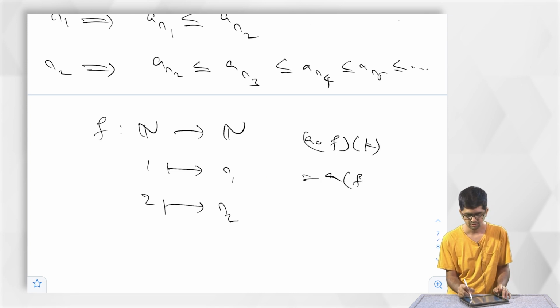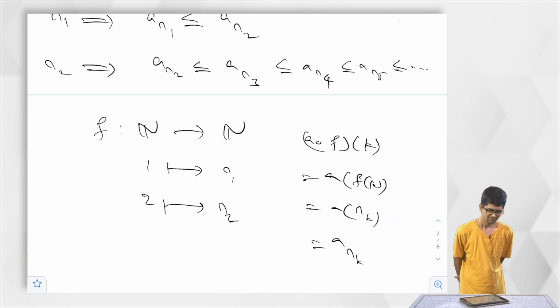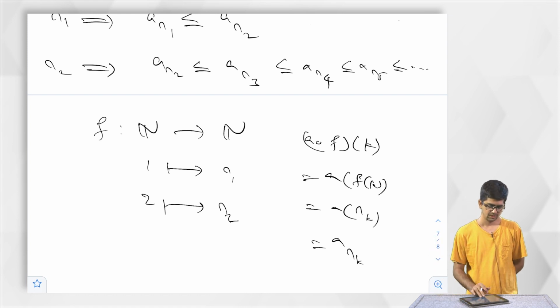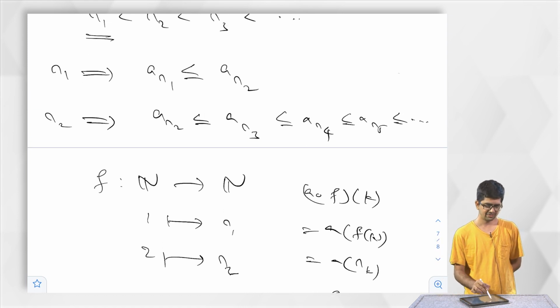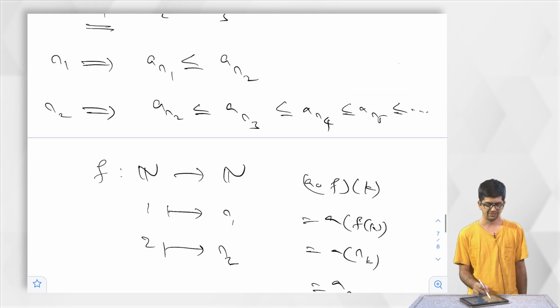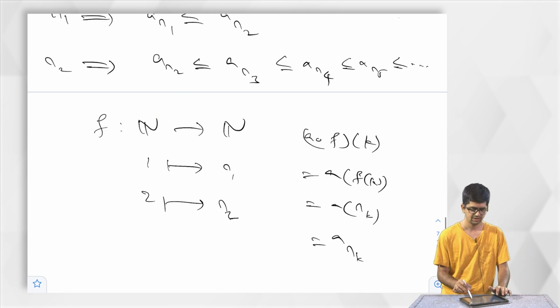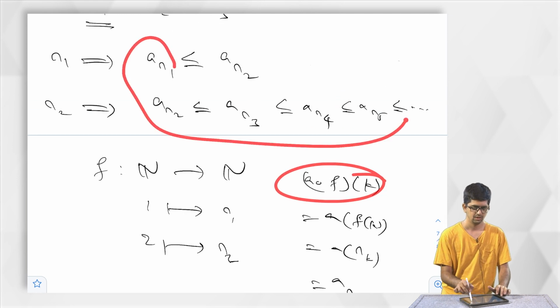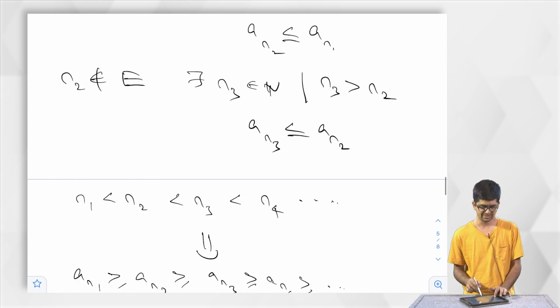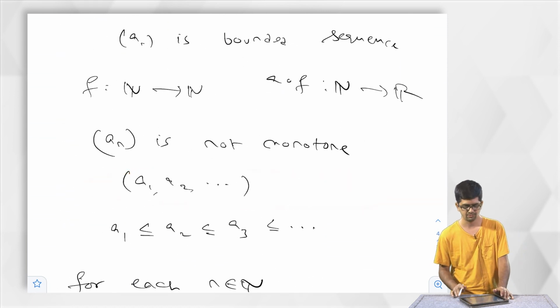That is equal to a of f of k, which is a_nk. This is not really anything serious, but what do we have? We have a sequence starting at a_n1, an increasing sequence, and because of this, it is a subsequence of the sequence a that we started with.